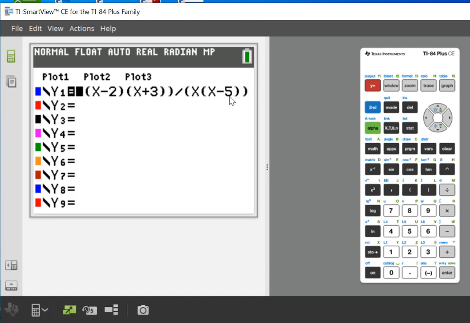So in the case of rational inequalities, what we need to do is not only look out for things that make the fraction 0, but we also need to look out for things that make the denominator 0 as well.